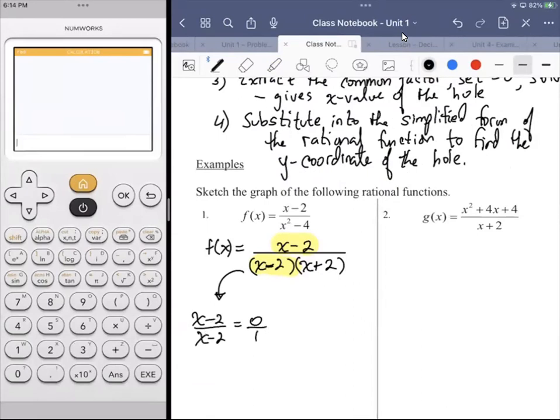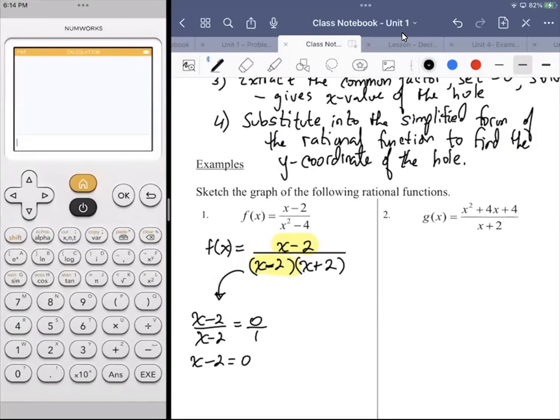What we can do is cross multiply, and you get x minus 2 is equal to 0. Basically, I'm looking for the value of x that would zero this out. It just so happens that if it zeroes out on the bottom, it'll also zero out on the top, making what we call an indeterminate fraction. But for the purposes of identifying the x value, x equals 2. That's the x value of the hole.